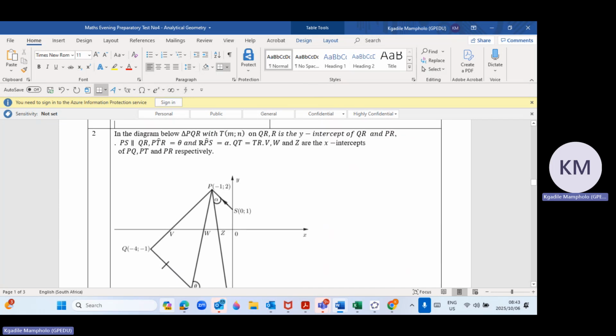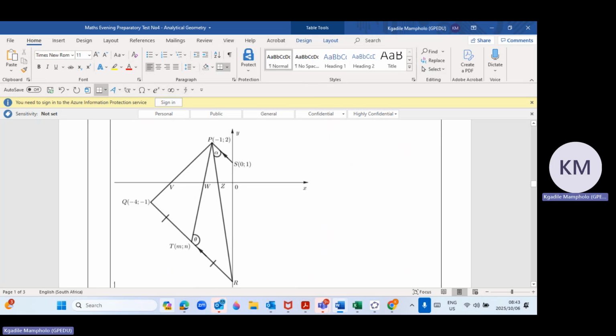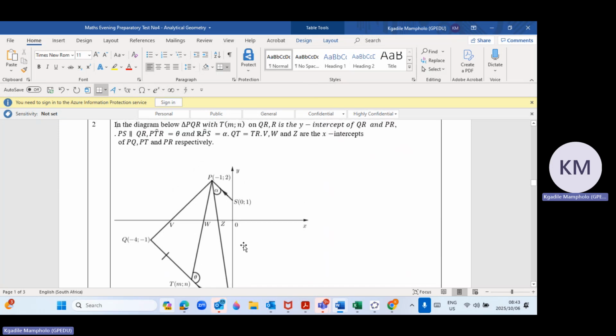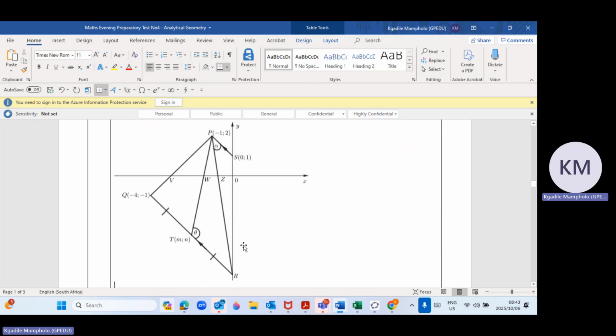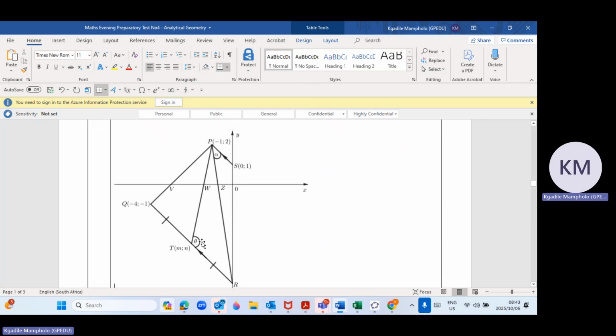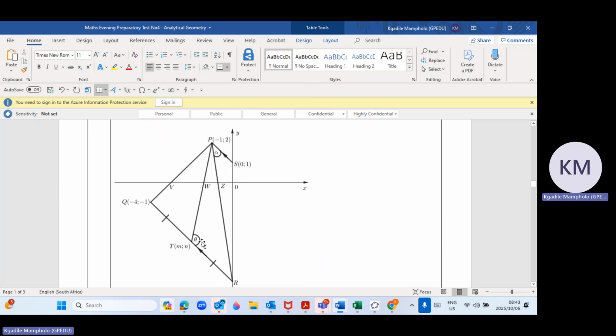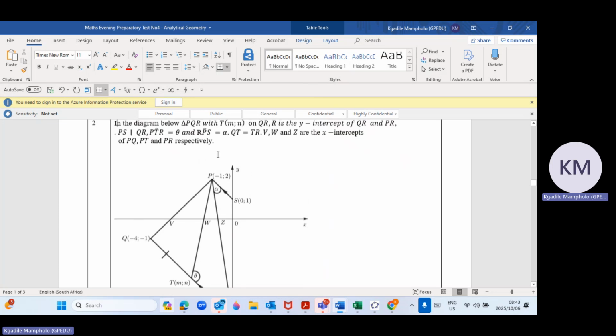Now, QR is parallel to PS. You can see that it's marked with the arrows on the diagram. This one is fine. PTQ is theta, as you can see. And RPS is alpha, as shown there.